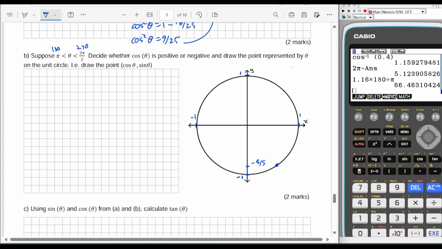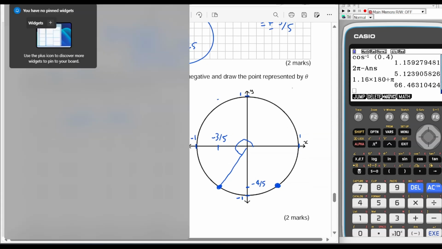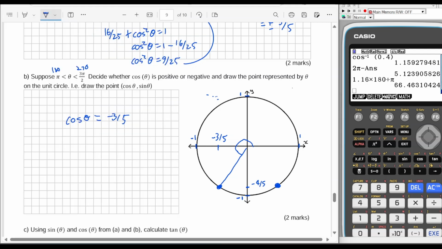We could have the point over here or the point over here, but since the angle is between 180 and 270, it would be that point there. And this one here, minus 3/5, is the cos value. So cos theta is minus 3/5. I don't know what the angle itself is, but I do know that it's in that range. So we're in the bottom left quadrant.